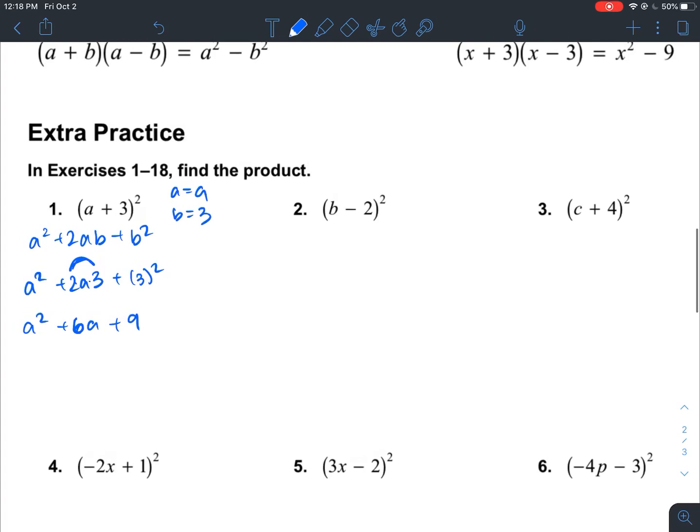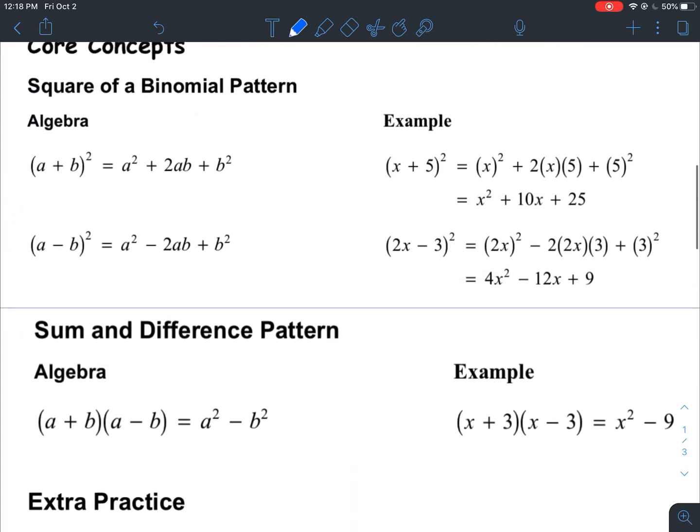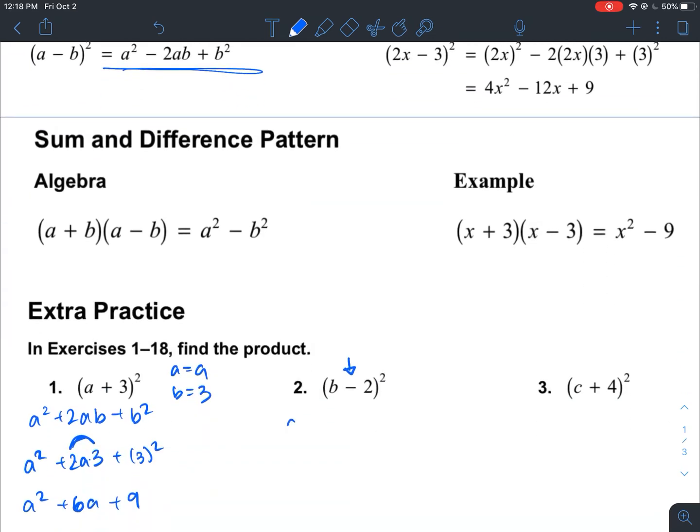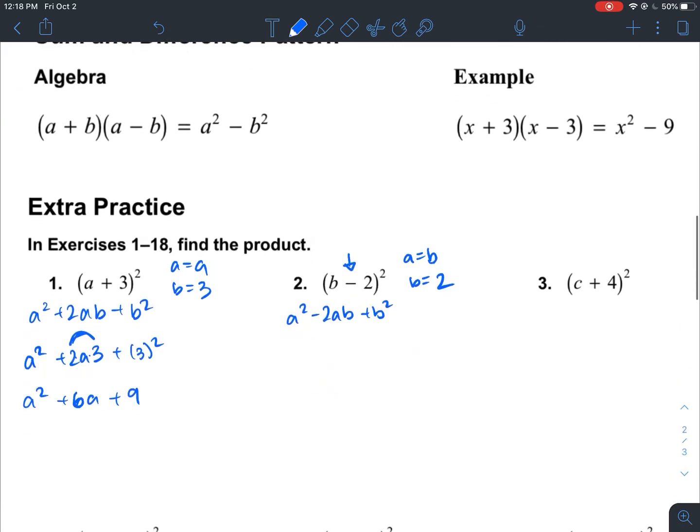Now over here, our inside operation is subtraction, which was this right here. So this is going to be a squared minus 2ab plus b squared, where a is actually equal to b, it's just that first term. Okay, b is equal to 2. So all you have to do is sub those in.